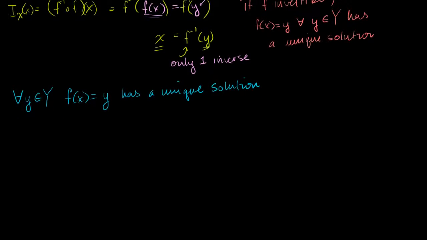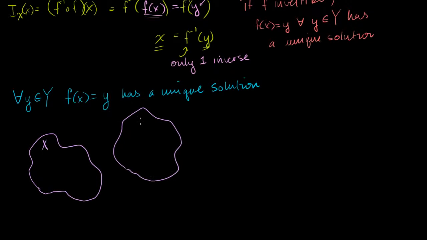So we're saying that for any y, so let me draw my sets again. So this is my set x, and this is my set y right there. Now we're working from the assumption that you can pick any element in y right here, and then the equation right here has a unique solution.